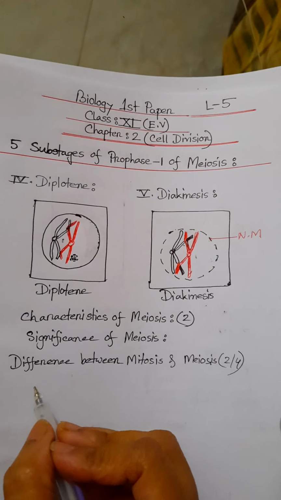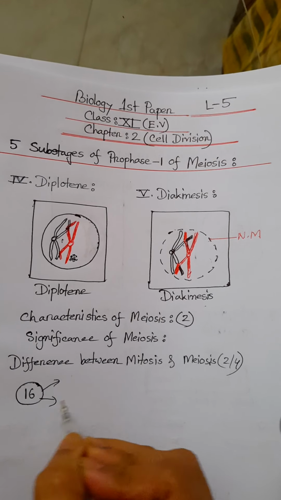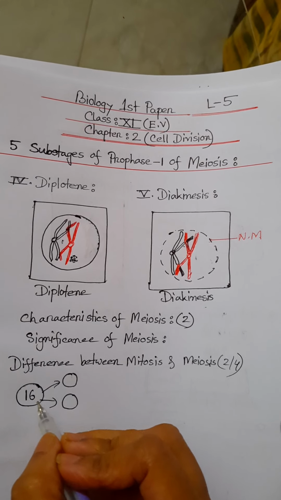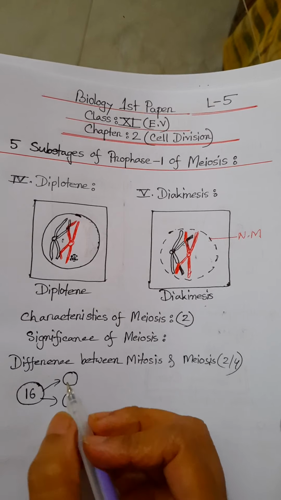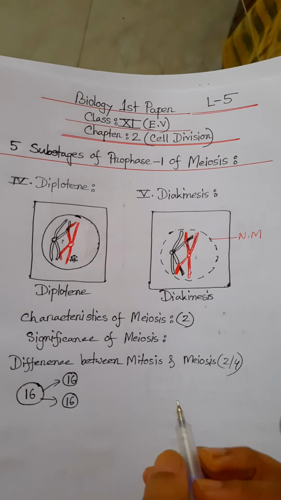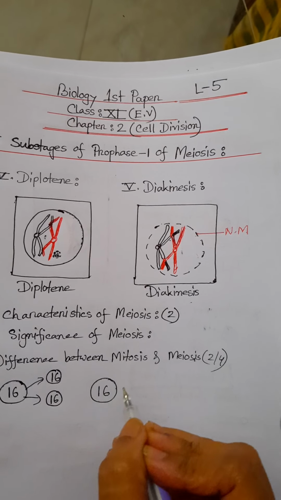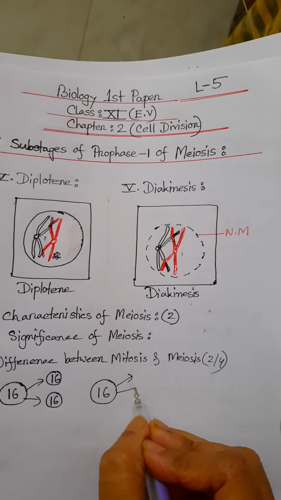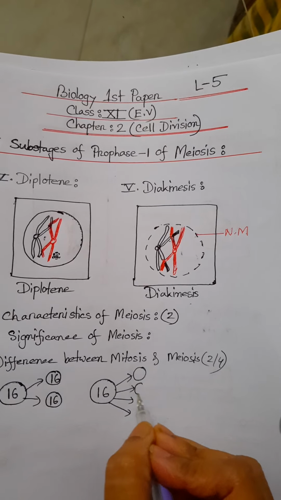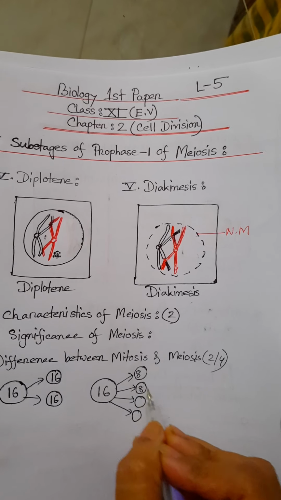In mitosis cell division the chromosome number is constant. Here it is 16, so one mother cell produces 2 daughter cells and the chromosome number is constant. But in meiosis division, the chromosome number in the mother cell is 16, so here 4 daughter cells are produced and the chromosome number becomes half.